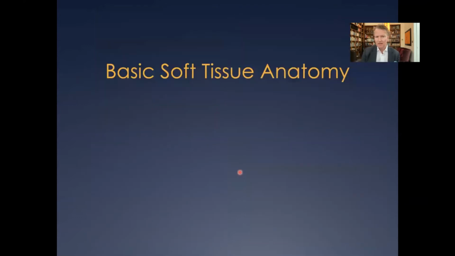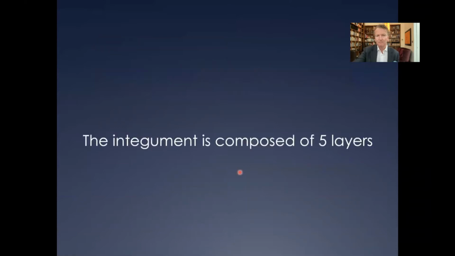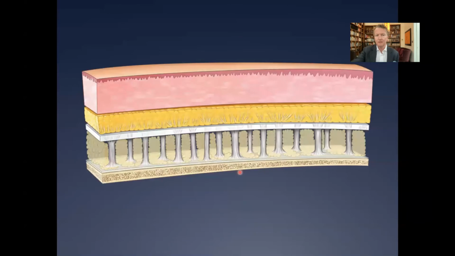So let's go back to basic soft tissue anatomy, because this is going to help us, I think, understand things a little further. We know that the integument, that is the soft tissue above the deep fascia, is composed of 5 layers. Layer 1 is the skin and dermis. Layer 2 is the fat immediately underneath the dermis.